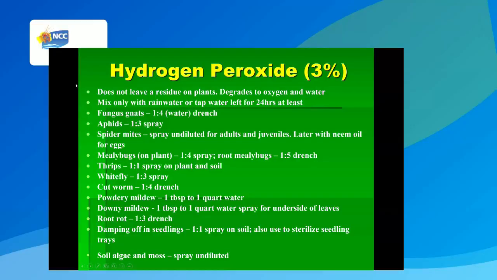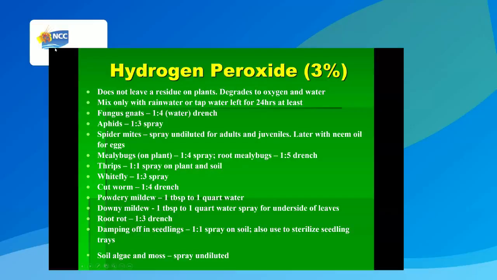Now, I show here various concentrations or dilutions that you can use to control various types of pests. Aphids, for example, you mix 1 part of the peroxide to 3 parts of water and you spray.